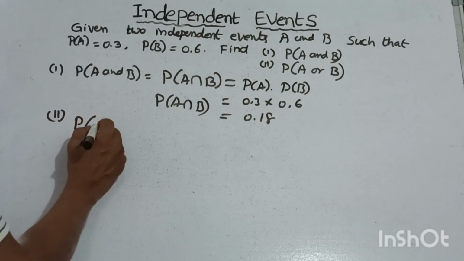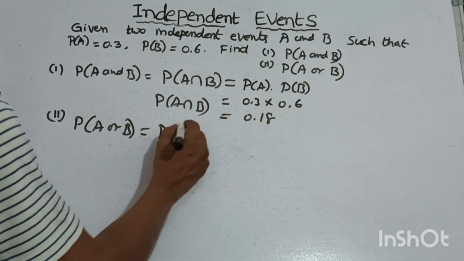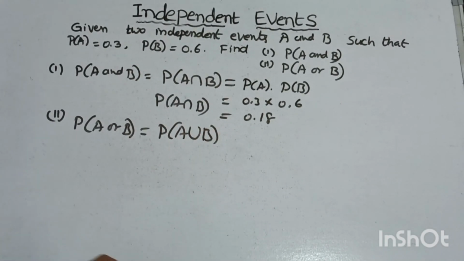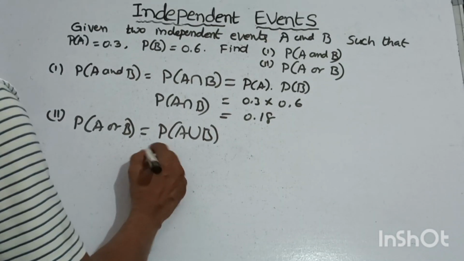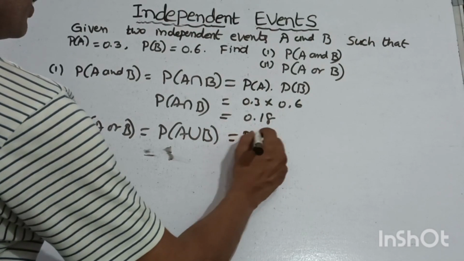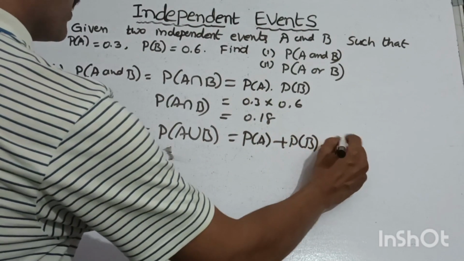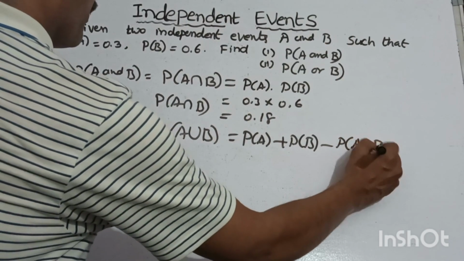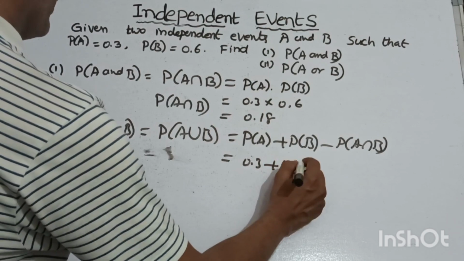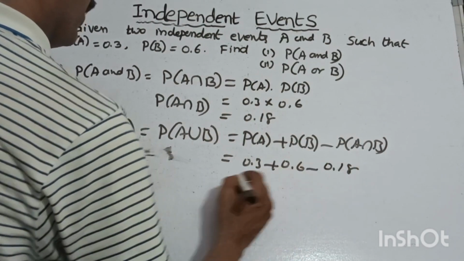Next, probability of A or B. Or means union. So we know probability of A or B is equal to probability of A plus probability of B minus probability of A intersection B. So 0.3 plus 0.6 minus probability of A intersection B 0.18.